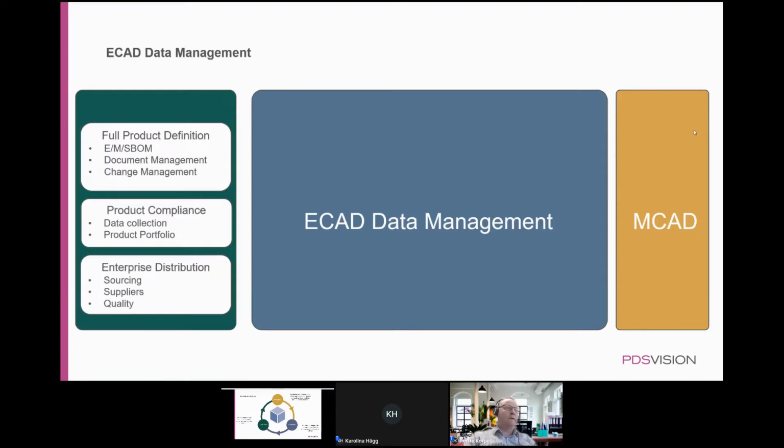And the role of PLM, if we start from Windchill PLM, what that does in general for companies, it captures the full product definition of our product, including different BOM variants of it, manufacturing, service, engineering BOM, and bill of materials.